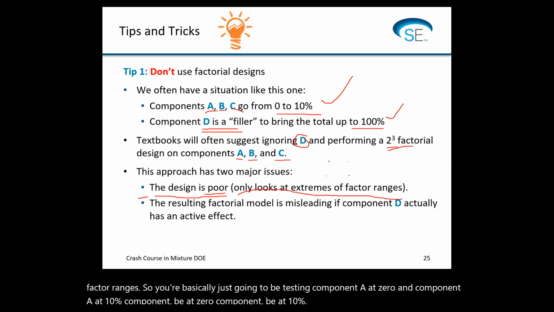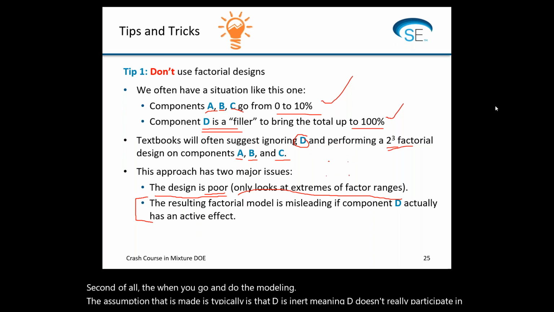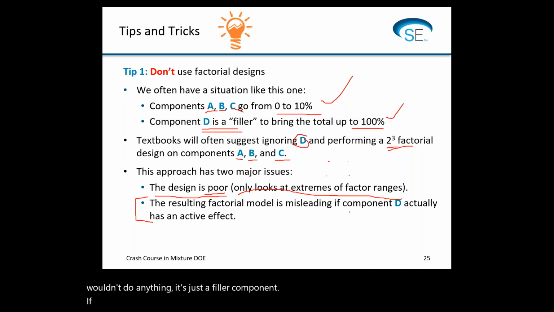Second of all, when you go and do the modeling, the assumption that's typically made is that D is inert, meaning D doesn't really participate in the reaction or whatever.